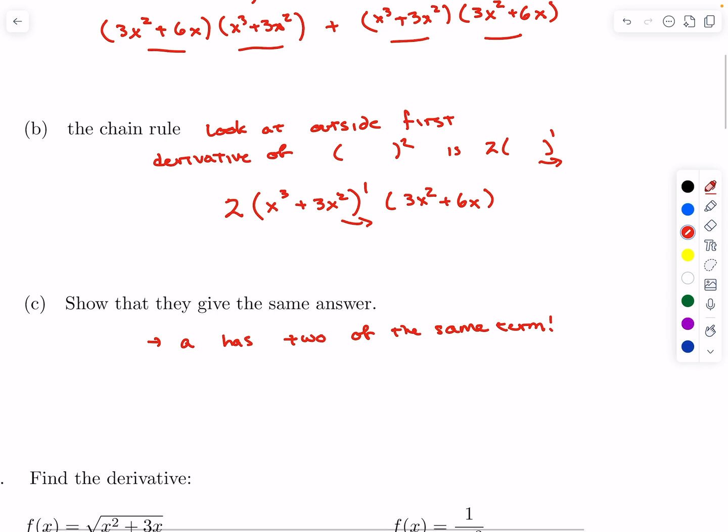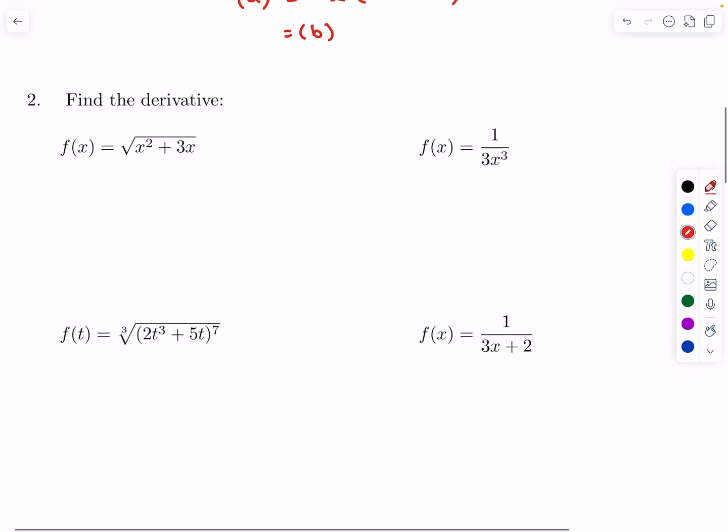So part A is the same as 2 of the thing. And that is the same as what we got in part B.